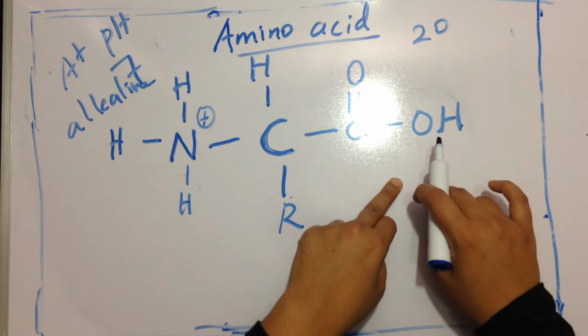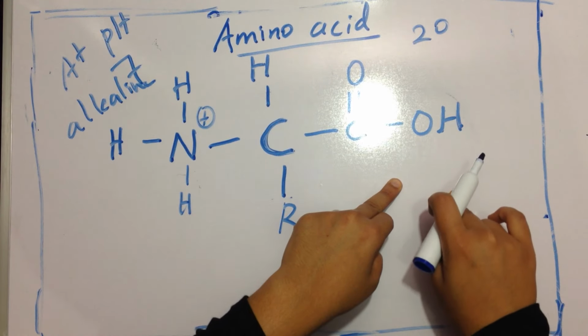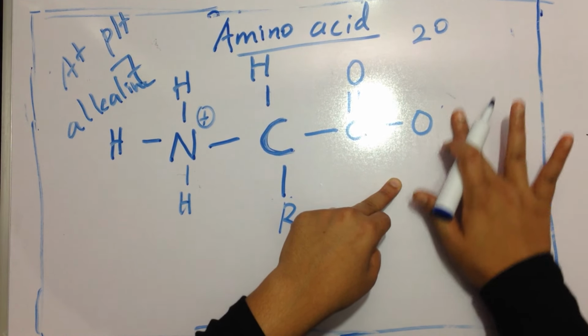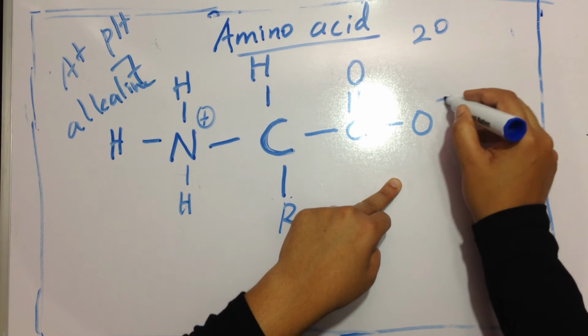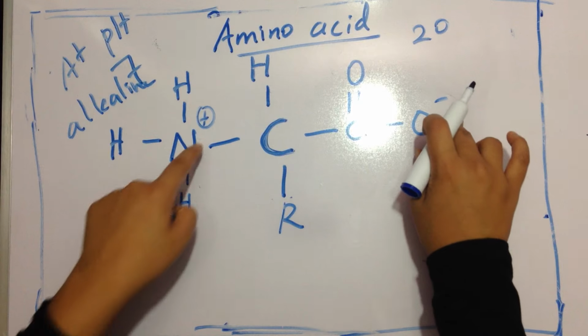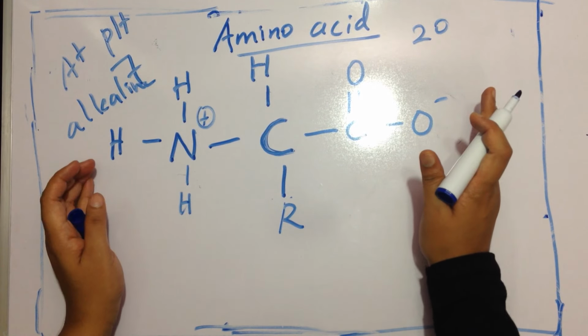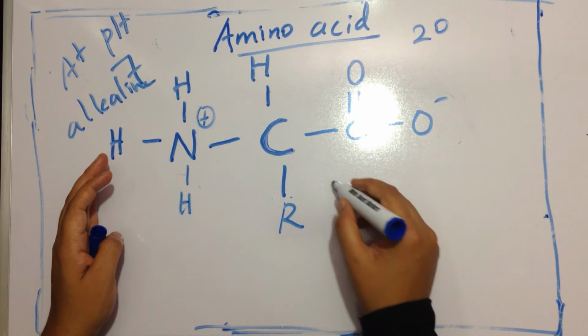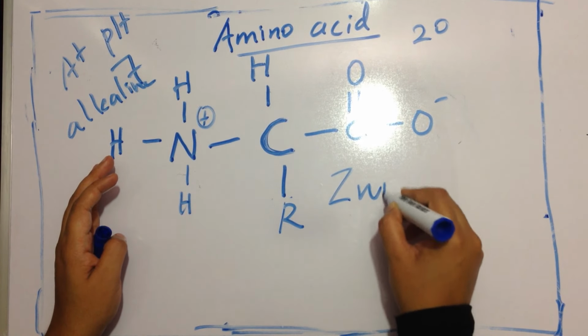And if we talk about the carboxylic end of this molecule, it will lose a hydrogen, so it will become COO minus. One negative here, one positive here. This type of molecule at pH 7 is given a name: zwitterion.